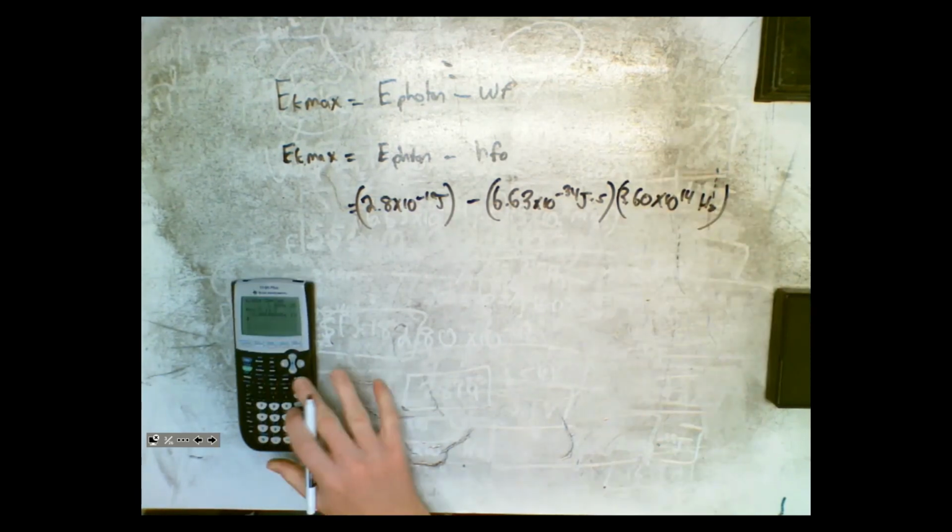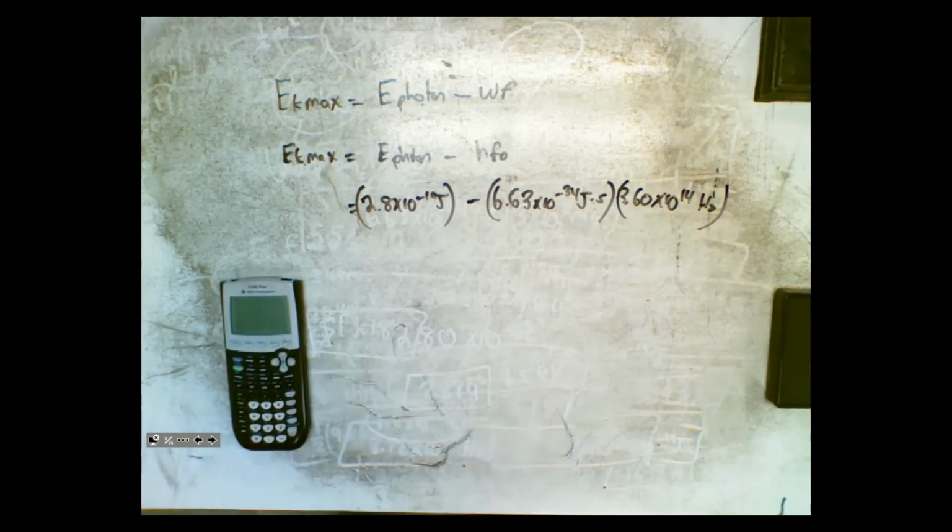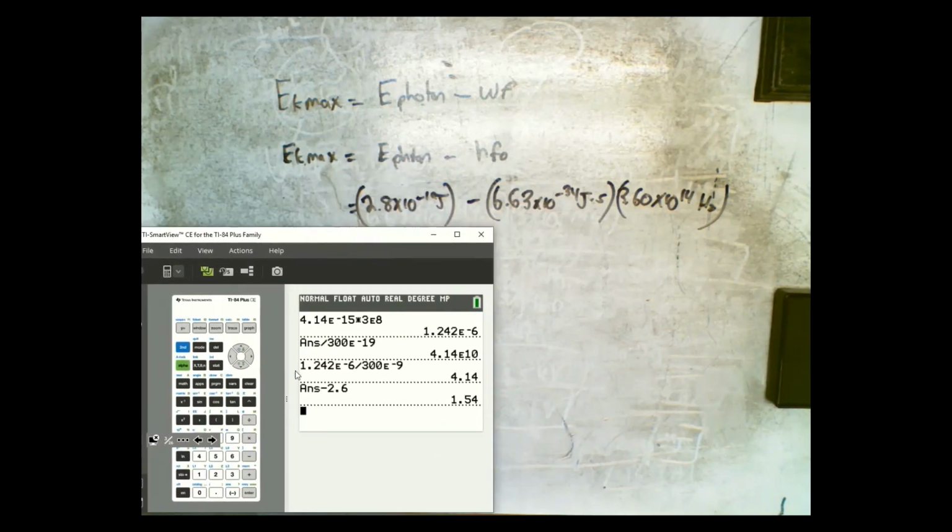So if we plug all that into our calculator, let me use my on-screen calculator for this one. Just give it a second to open up. You're my first video of the day. Okay.